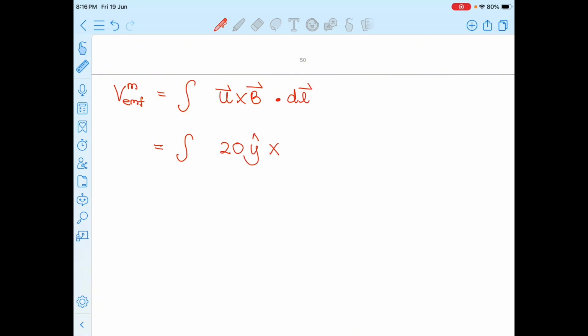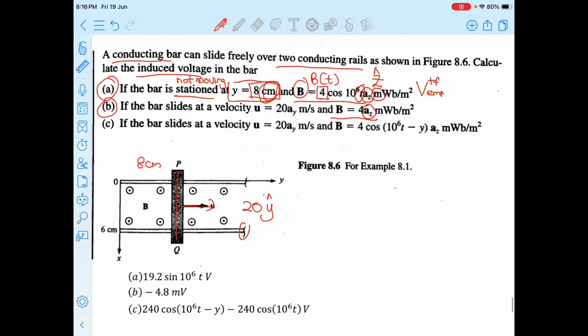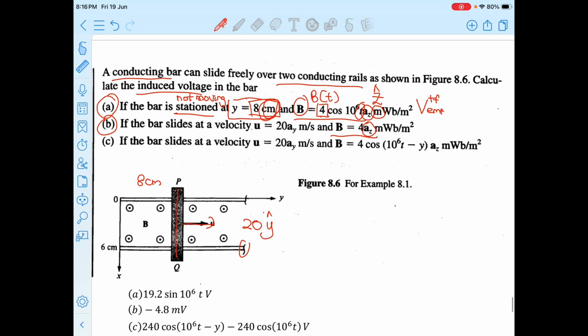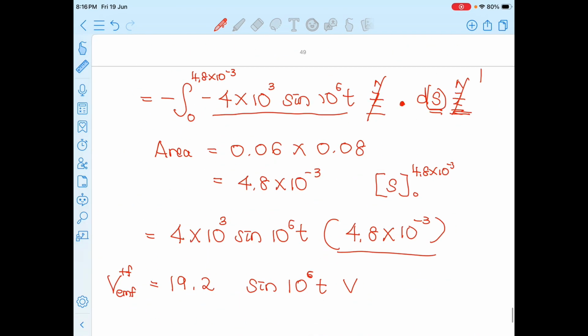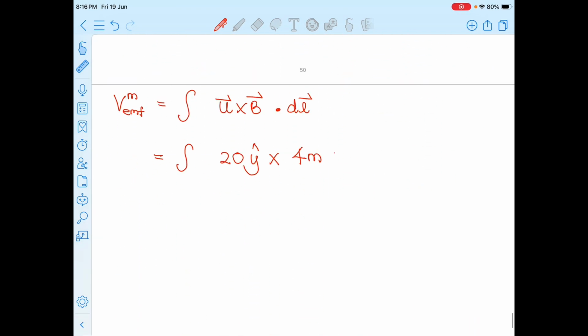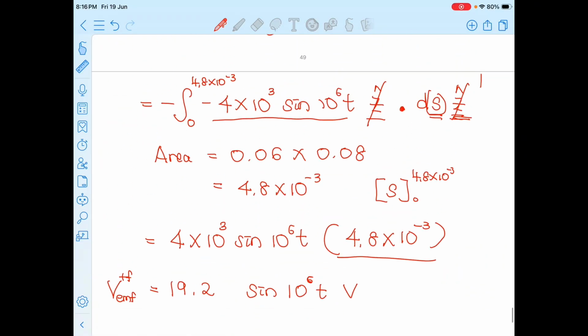You cross product with B, which is 4 milli Tesla in the z direction, and then you dot product with dl. L stands for the length, representing the length of the sliding bar.